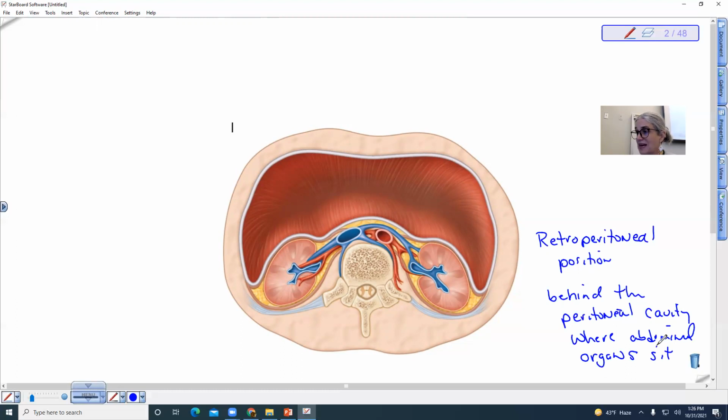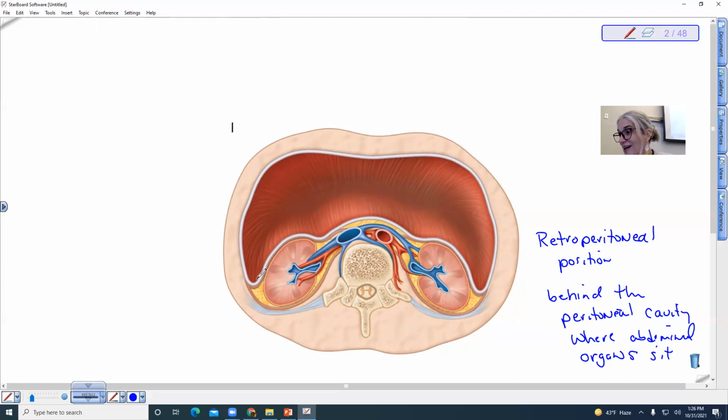So sometimes if somebody gets kicked or hit, or if they're in an accident where they sustain trauma to their low back region, that is going to potentially damage the kidney. And when the kidney is damaged, it can sometimes lead to having blood in the urine. The other thing to note about this position is that there is a fatty layer of tissue.